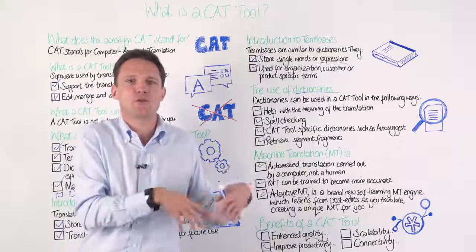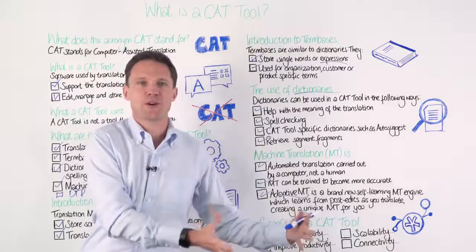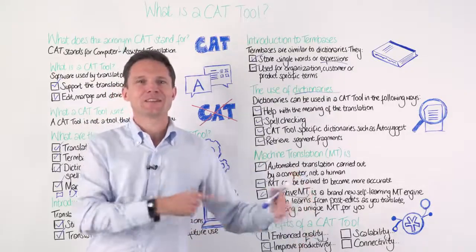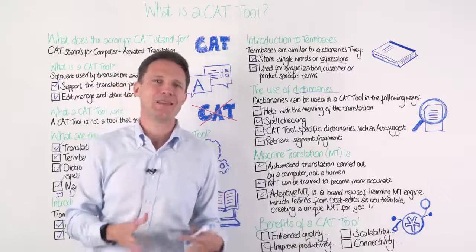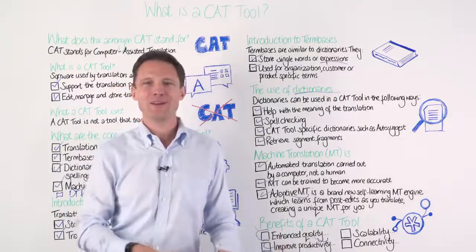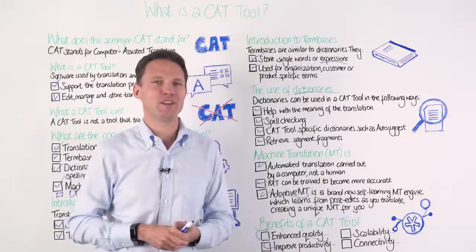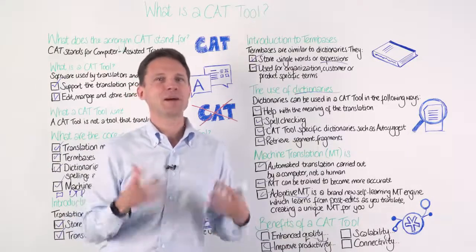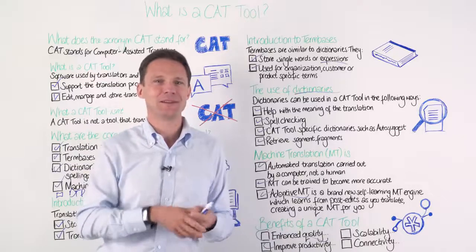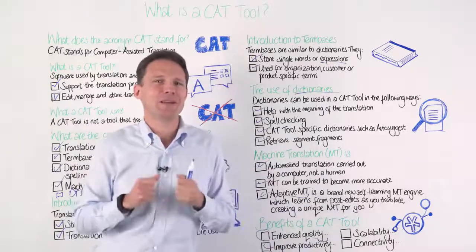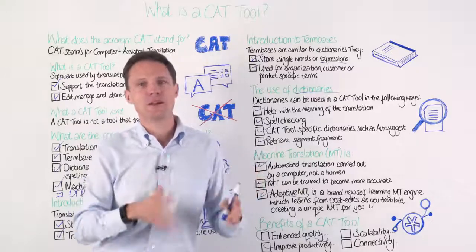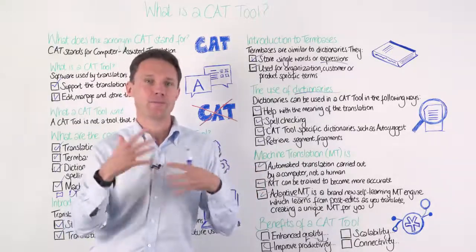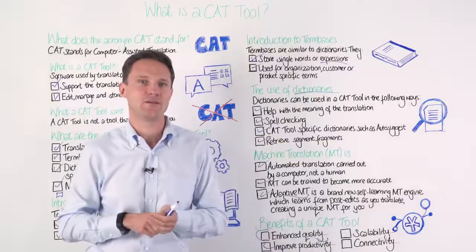Maybe it's a manual for a piece of product and there's a new version of that product which isn't that different from the previous one. And you know, if you've ever seen any of our other videos, we've got the photo printer. Think about a photo printer manual. Between different models, there might not be that much of a difference. And so a CAT tool can really speed up the process of translating these different variations.